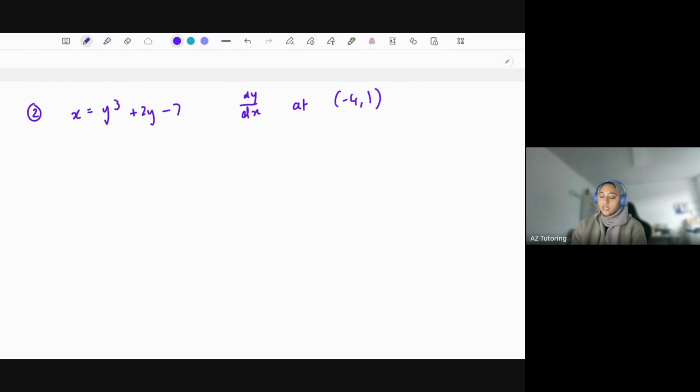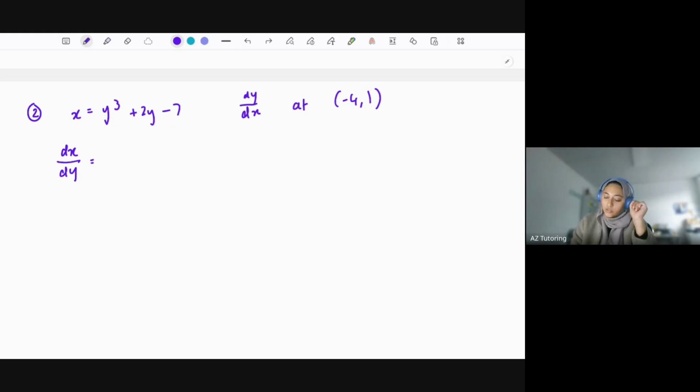Now, what you need to notice here is we can't directly find dy over dx because we've got x in terms of y. So to differentiate this equation, we can only find dx over dy because it's an equation of x in terms of y.